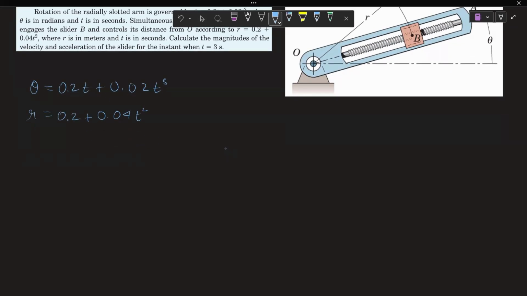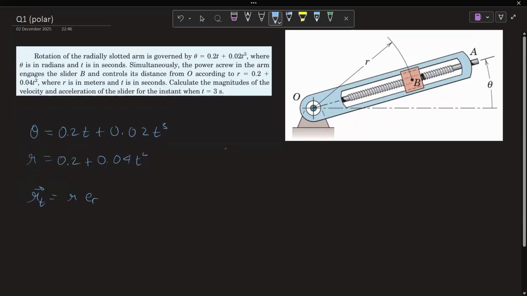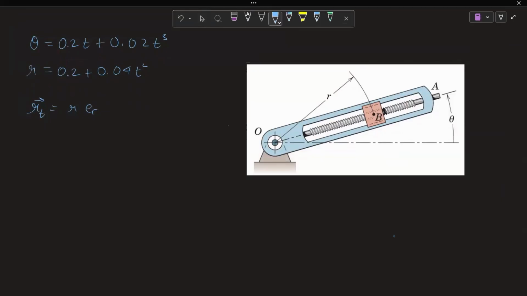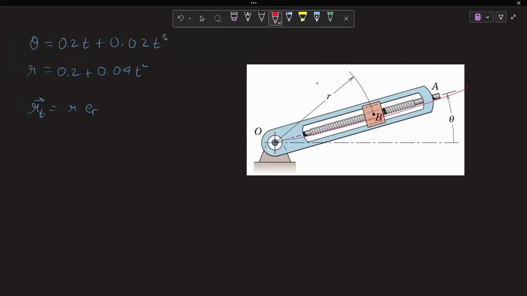We can find r at any time t as r er. So this is r at any time t, and this is theta. Let's say this is er, basically a unit vector along the direction of r, and this is e theta, perpendicular to er.